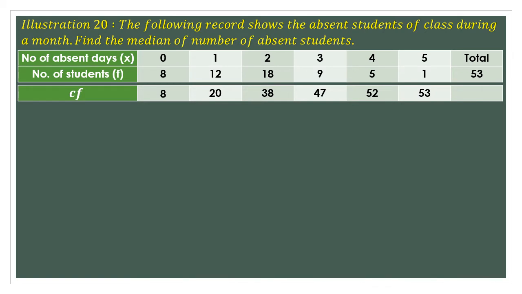So always remember that the last value of the cumulative frequency will be the total number of the frequencies. So last CF is 53 and the total is also 53. So it's okay even if you don't prepare the total column, but I will be preparing for the sake of information. Now we are supposed to calculate median for this data.